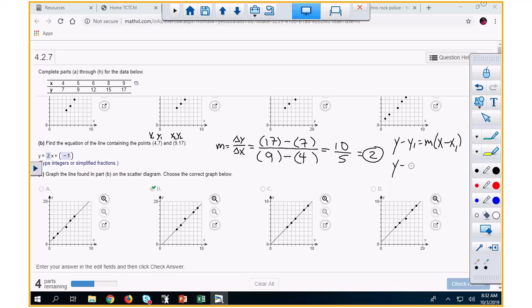Y minus 7 is equal to 2 times x minus 4. Y is equal to 2x. What's 2 times negative 4? Negative 8 plus 7 is what? So that should be your answer.